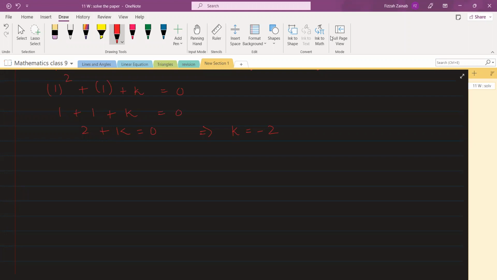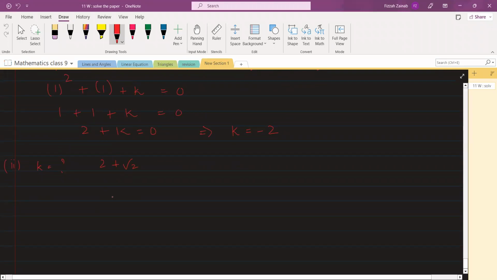Yes, Zeba. How much is k in the second part? 2 plus root 2. Yeah, that's fine. See, you have to do it honestly, Zeba, okay? Yourself. Don't look at the notes. Yes, ma'am. Okay, so third part, fourth part, now you can do. You know the method. Now let's see the fourth question of this exercise.